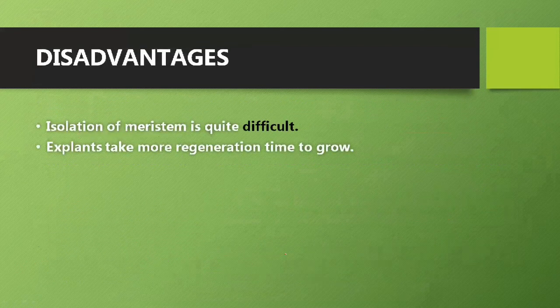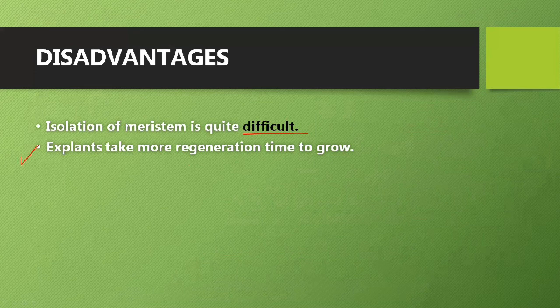And now disadvantages. There are very few disadvantages of meristem culture. The only disadvantage is that isolation of meristems is quite difficult, and we have to take young tissues to culture. Explants take more regeneration time to grow.